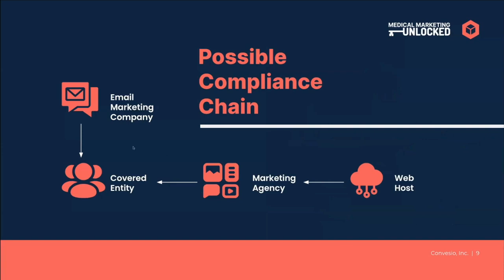Here we have the covered entity, which would be, let's just say, the doctor's office. Here we have the marketing agency, and here we have your web host like Convesio. And let's say the covered entity has signed up with an email marketing company, right? So everybody needs a list, and if they don't have it through their EMR, then maybe they're going through something like ActiveCampaign.